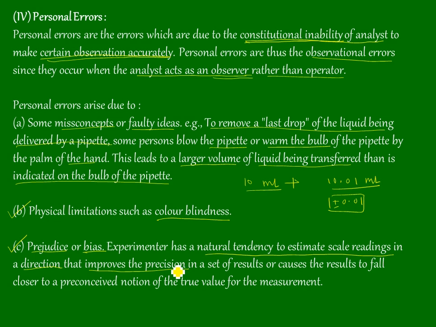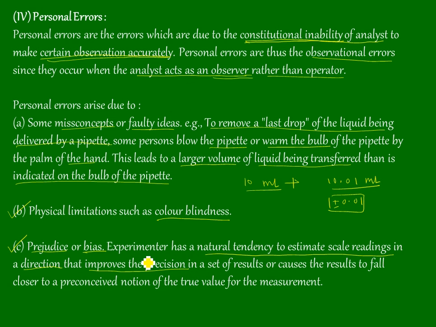For example, if you are asking the analyst to get greater precision, then it is in his mind that he wants to improve the precision, so that every replicate measurement has the same value, and therefore he can make some mistakes.